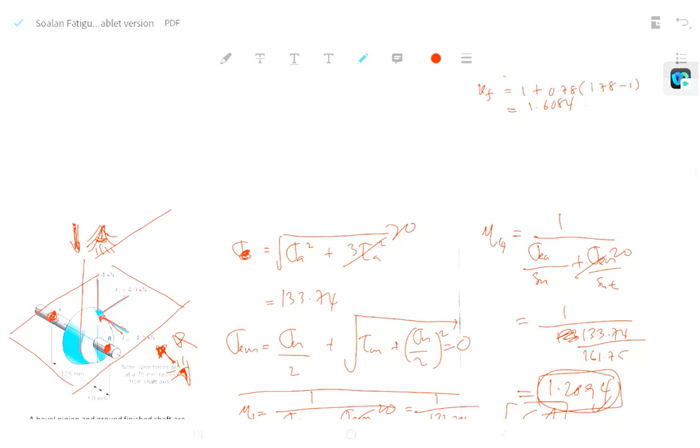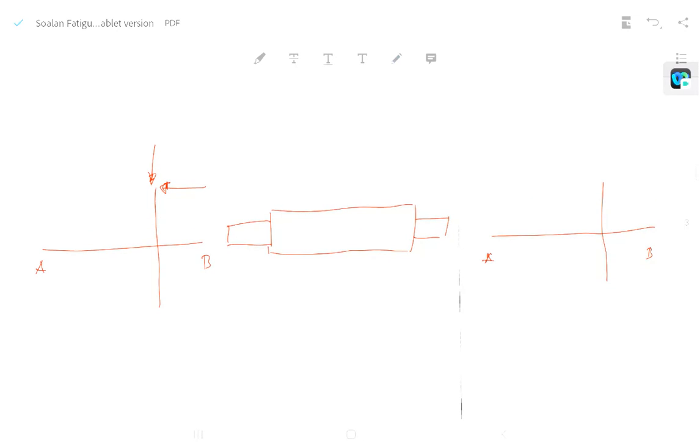So we see the force for this plane. If we see from here, from this plane, we will get this value. So that is how we look at the force on the plane, and we will determine the reaction force.